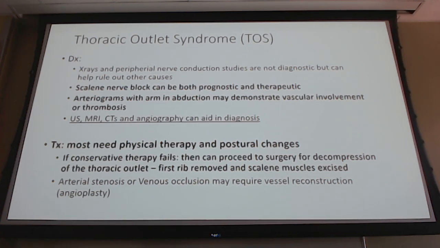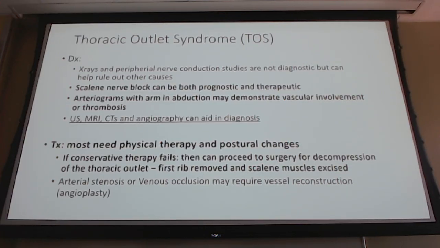Okay, what do we do to diagnose it? X-rays and peripheral nerve conduction studies are not really diagnostic; they won't show anything. We want to do a scalene nerve block. Okay, if we can do a scalene nerve block and it pretty much resolves their symptoms, then one, we have prognostic and therapeutic. Okay. Arteriograms of the arm may demonstrate that vascular, like you put their arm in abduction, right?